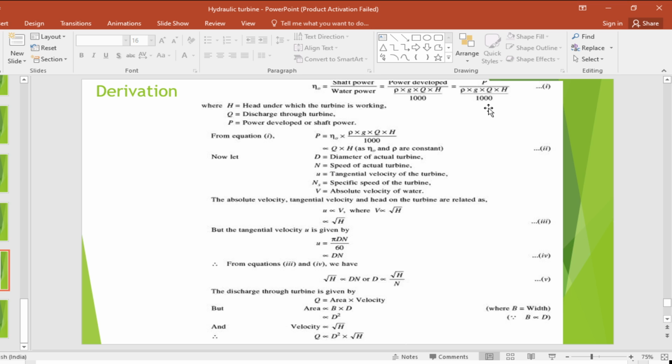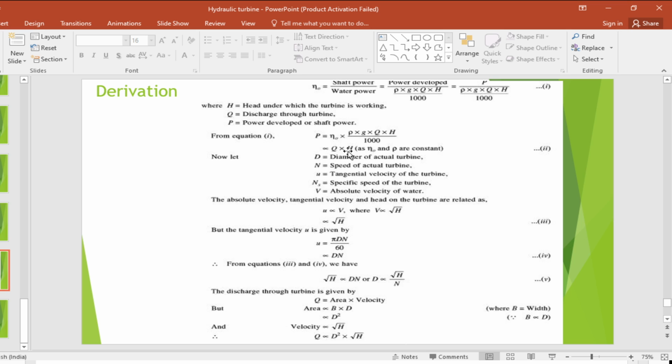So from this we can find out the power. P will be eta O into water power. From this equation you can see that P will be directly proportional to Q into H.